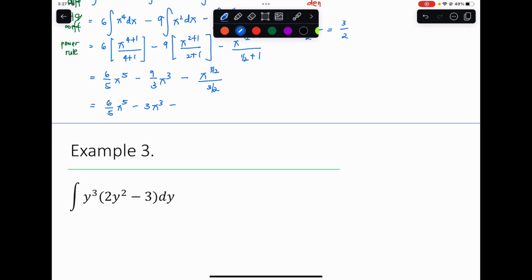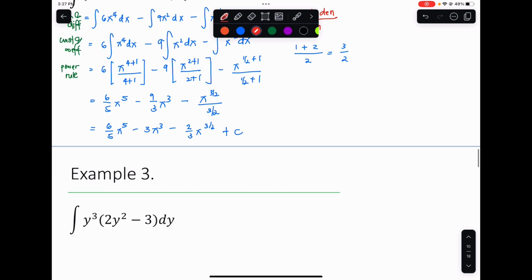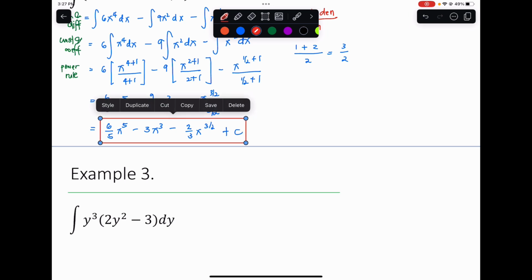What's the reciprocal of 3 over 2? That will be 2/3, then x raised to 3 over 2. Then we add c. And this will be our final answer: 6 over 5 x to the 5th minus 3x cubed minus 2/3 x raised to 3 all over 2 plus c.